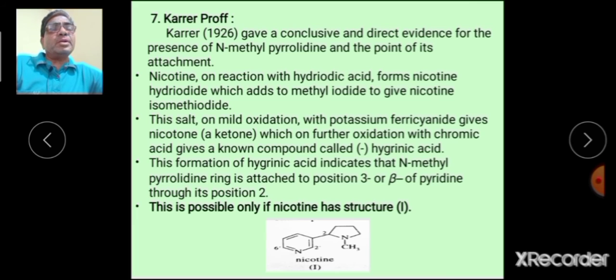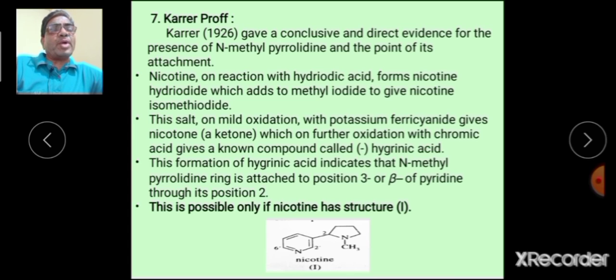Nicotine on reaction with hydroiodic acid forms nicotine hydroiodide, which adds methyl iodide to give nicotine isomethiodide. This salt on mild oxidation with potassium ferricyanide gives a ketone, nicotone, which on further oxidation with chromic acid gives a known compound called hygrinic acid.